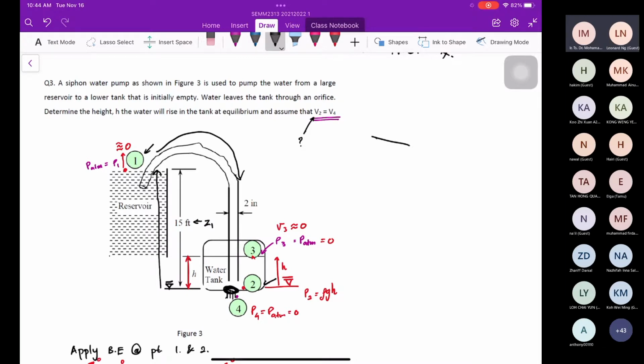So for example, this is a nozzle. The water leaving here, maybe this is point 1 and point 2. The water here is P atm equal to 0 because anything exposed to atmosphere is equal to 0. Oh, okay, doctor.